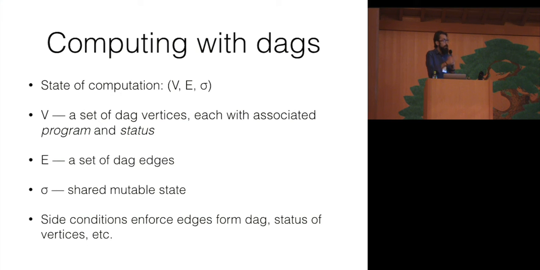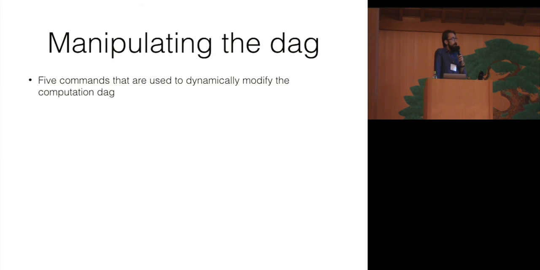So we have a set of vertices, each with a program. Some of these programs might compute, but in order to form these parallel computations, we need to be able to manipulate the DAG. To do this, we introduce five commands that can dynamically refer to the DAG, and most of them actually modify it.